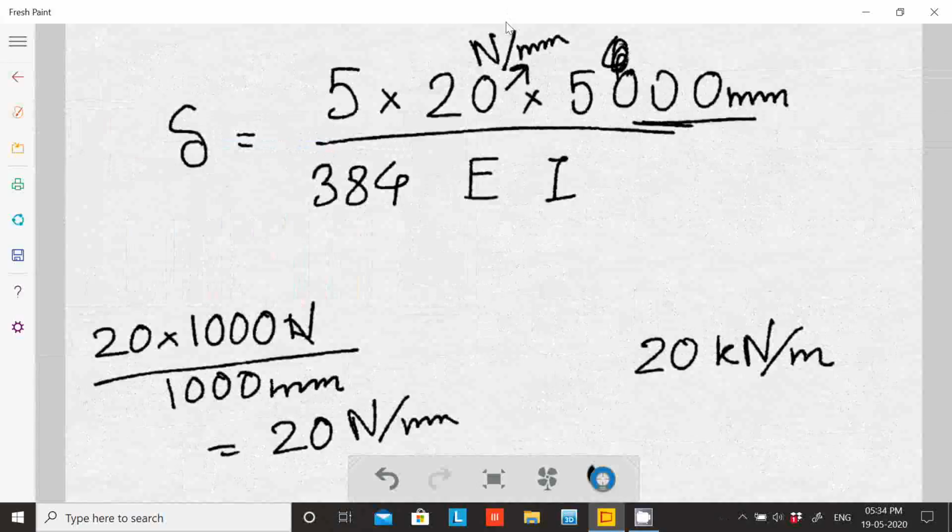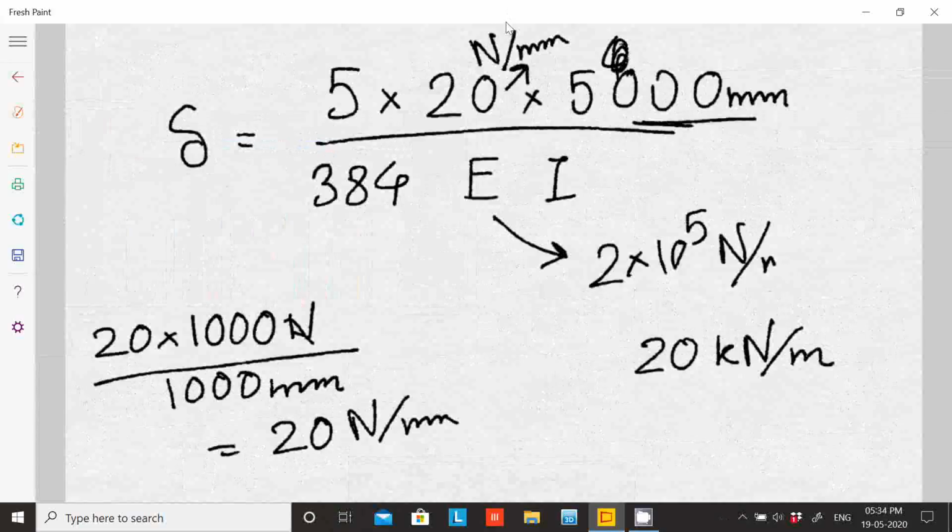Then E for steel is 2 into 10 to the power 5 Newton per mm square. And I, you will get it from the steel table.